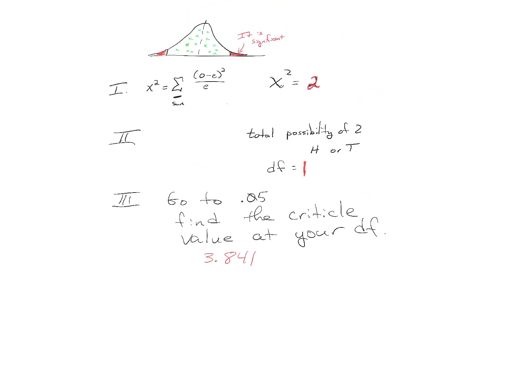What that says is that this number here is 3.841. What it's saying is if your value is smaller than 3.841, then it's part of the average possibility. We're not worried about it.